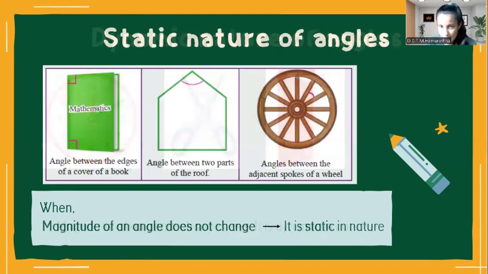When we summarize, static nature of angles means the word static we use for the stable ones. That means they do not change. When the magnitude of an angle does not change, we call them static nature of angles.